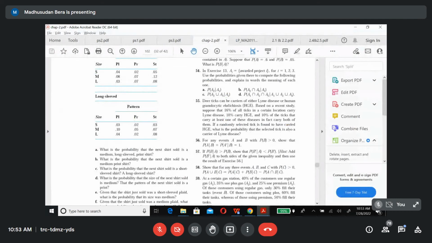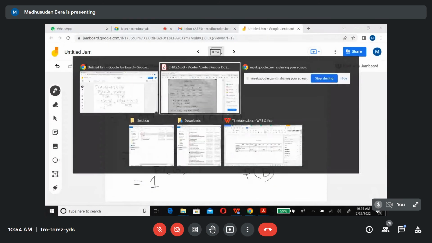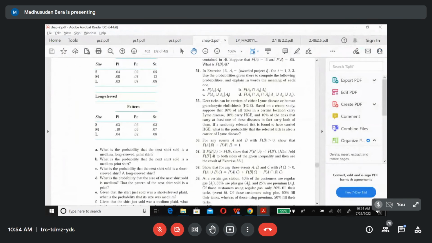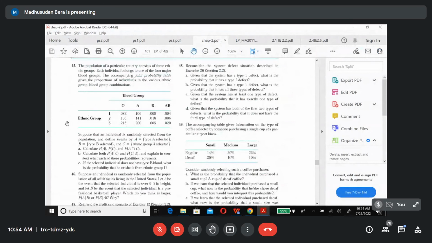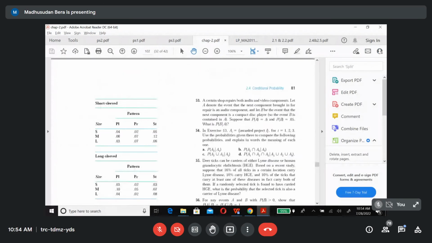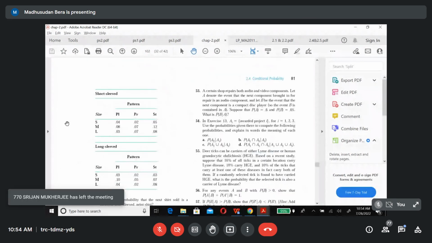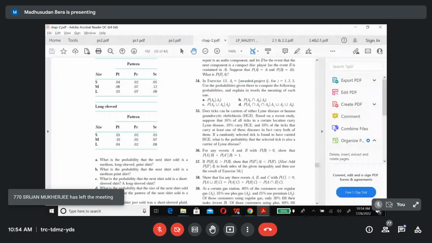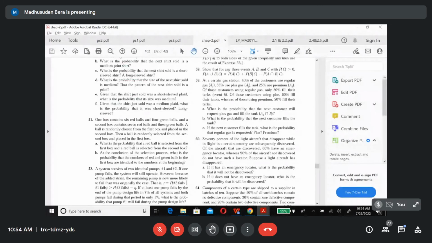I have written many questions. After chapter 2, I will send you this whole handwritten solution for 2.1 and 2.4 to 2.5. So you solve from here questions 45, 47, this one also, 50, 54, 58, 59.